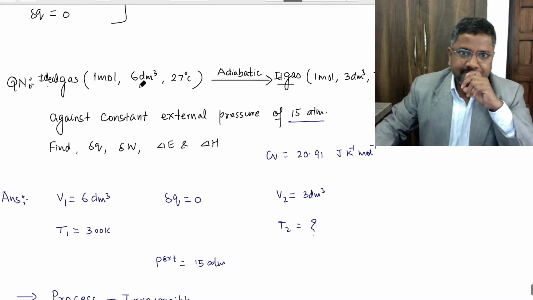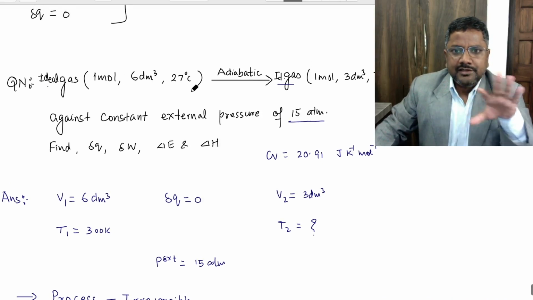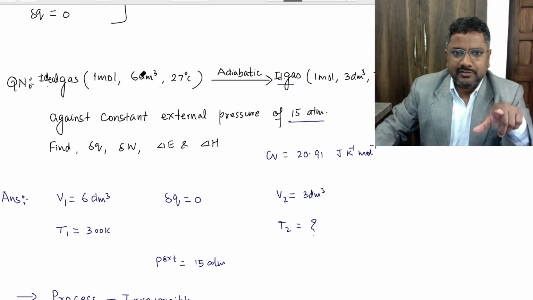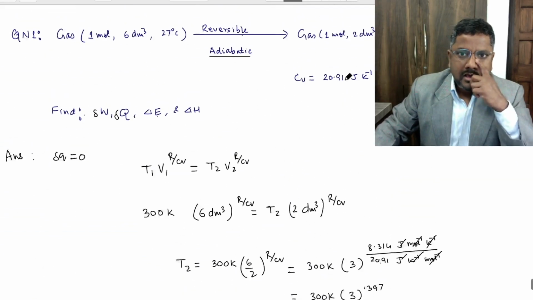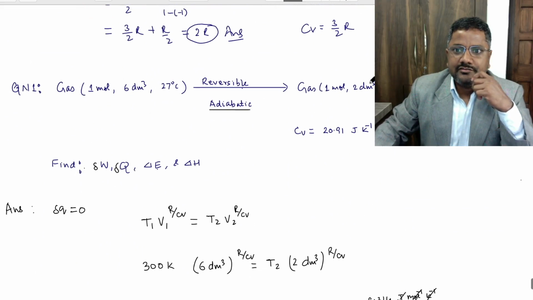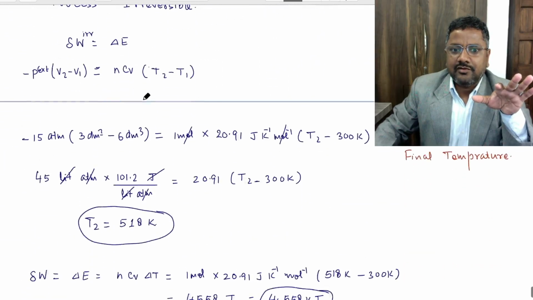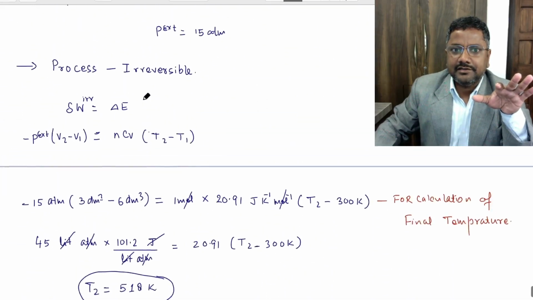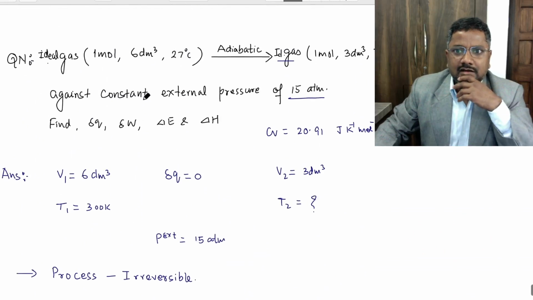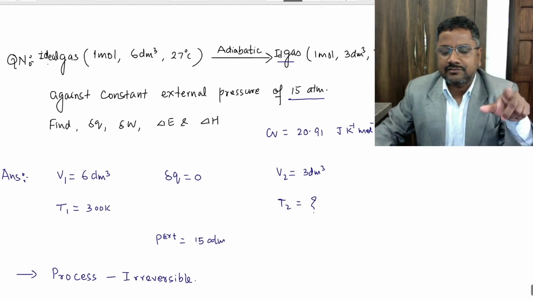See here, in both the cases, the initial volume and final volumes are the same. In both the questions, final volume and initial volume are the same, but the temperature you have found is different in reversible and irreversible.